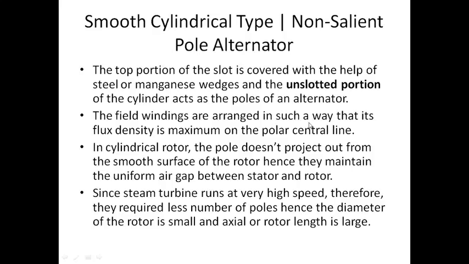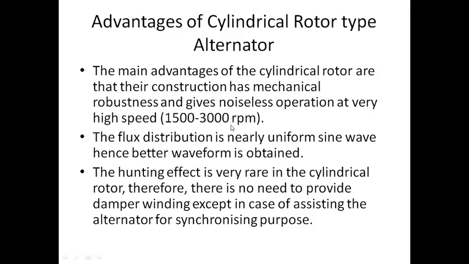The field winding is arranged in such a way that the flux density is maximum on the polar central line. See this rotor, because this is rotating, my field winding is in this particular position. I have to take much care where I have to get a three-phase output, so my construction should be in such a manner.